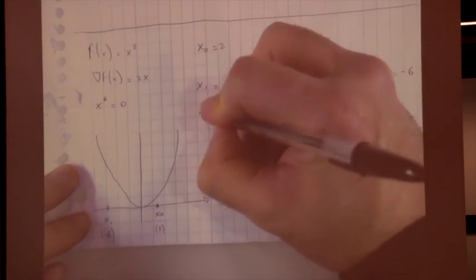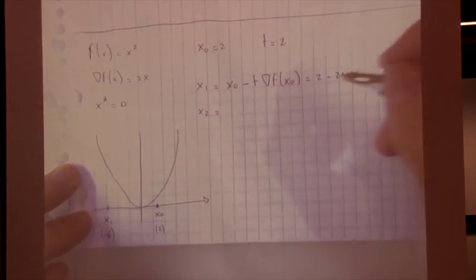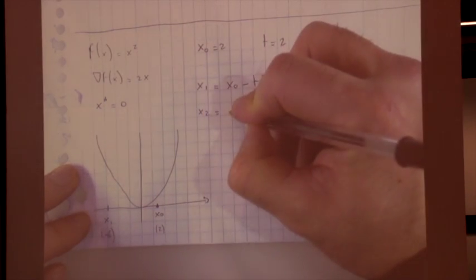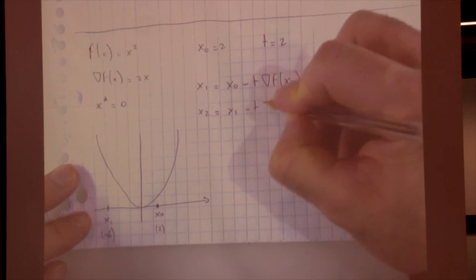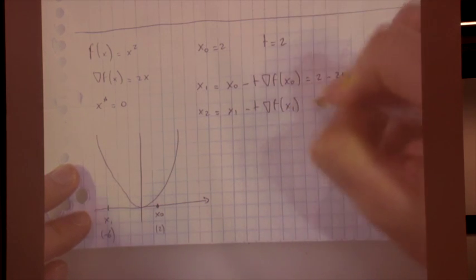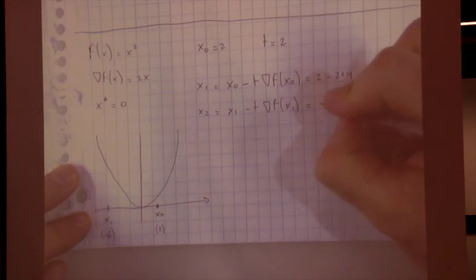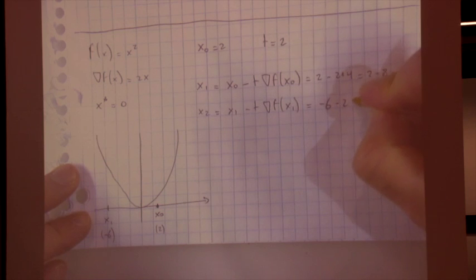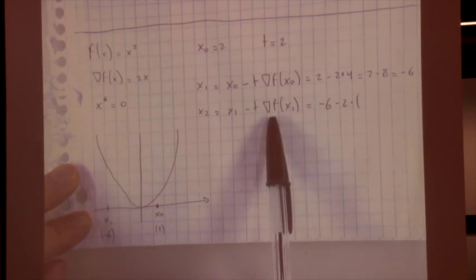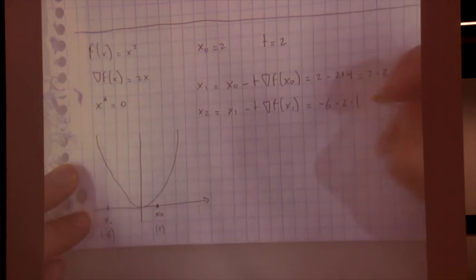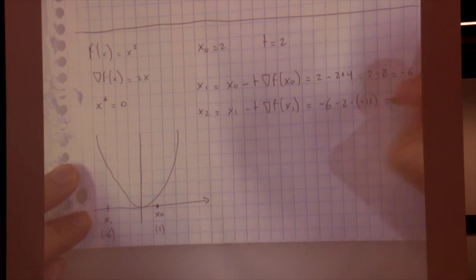The second iteration, if you perform the same sort of update, is going to be x1 minus t times the gradient of f at x1. x1 is minus 6, so minus 6 minus 2 times the gradient of f at minus 6, which is minus 12. So you get minus 6 plus 24, which is 18.